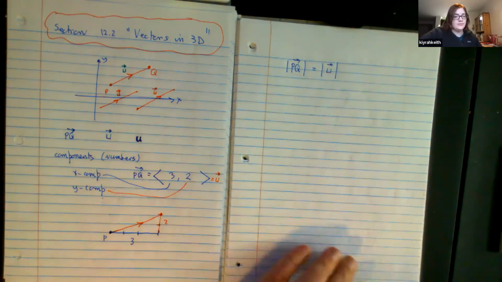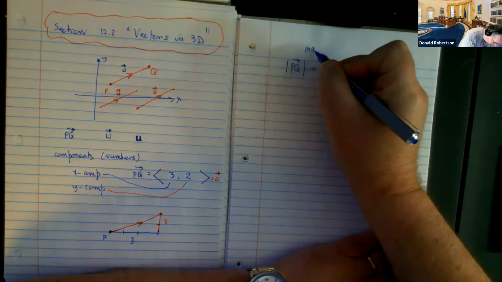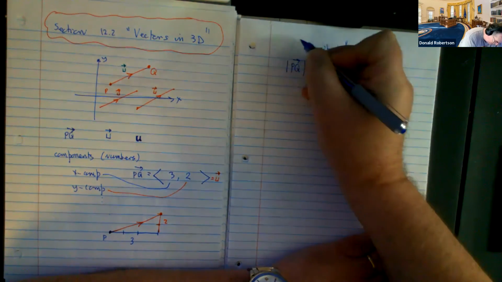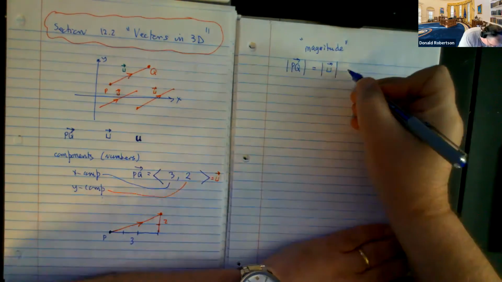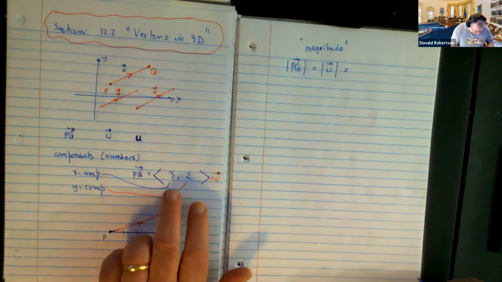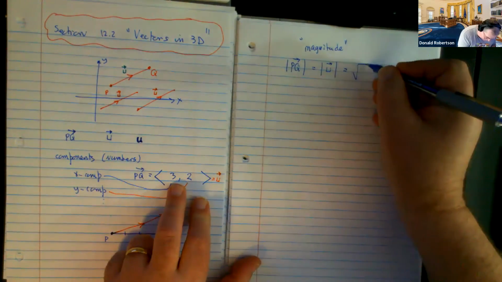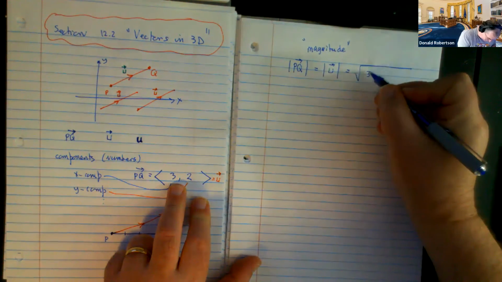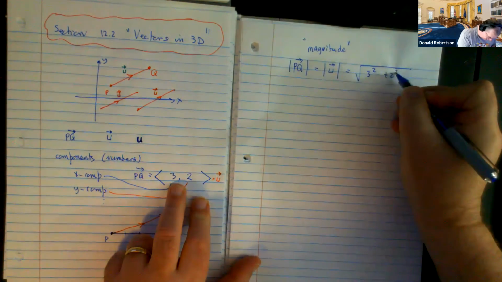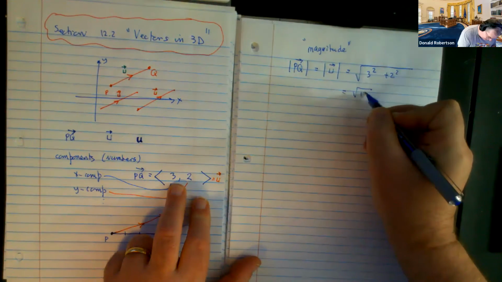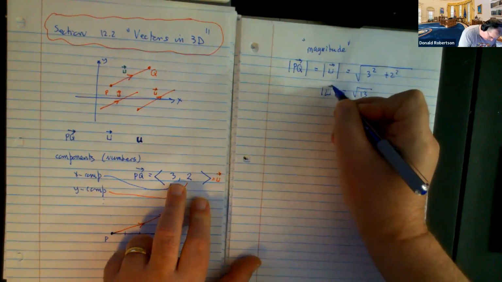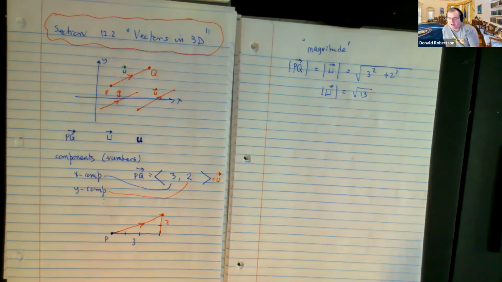And we call this the magnitude, but it is the length, you're right. To calculate the magnitude of a vector, you basically use Pythagoras, and it's the components squared and added. And you typically leave them alone. So you don't turn them into decimals like 3.1234. You call it root 13. That's called the magnitude of a vector.